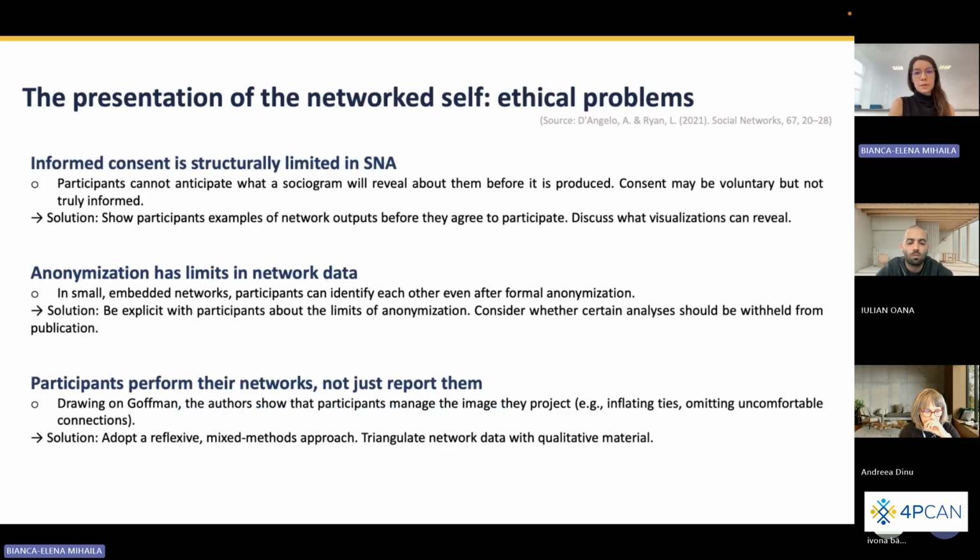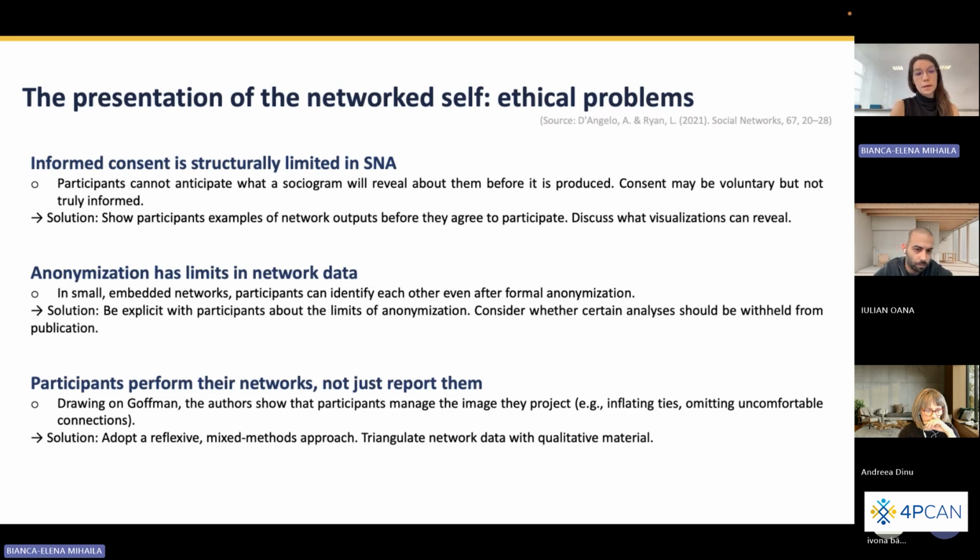There is a really nice article from D'Angelo and Ryan in 2021 that raises different ethical problems in terms of collecting and working with social network analysis and social network data. And of course, there are some problems that emerge precisely because of what network visualization does, because it makes visible what participants did not necessarily intend to reveal.